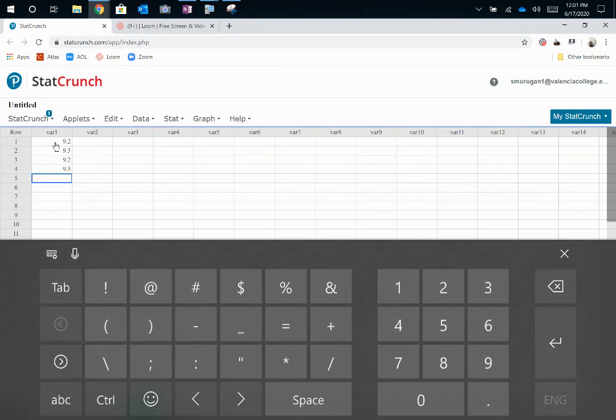Notice that the title of this group is VARS1. You can name it anything you want. You can rename it if you want. It's up to you. If not, I'm just going to leave it as VARS1, okay?